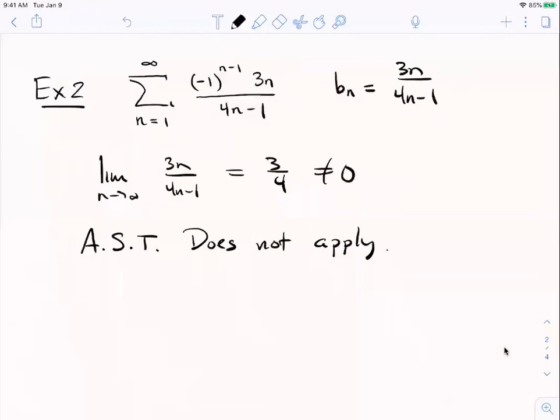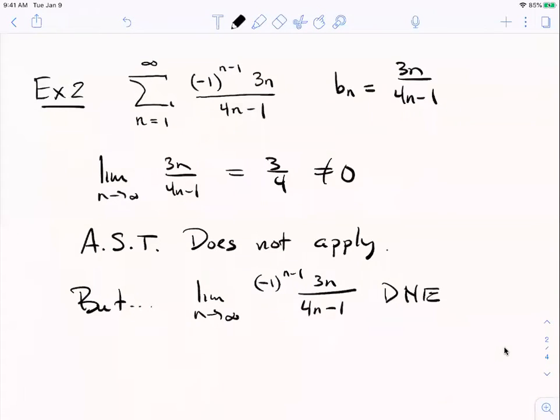But can you finish the sentence here? If the terms themselves without the signs are approaching 3/4, then with the signs, the limit is not going to exist. It's going to be trying to be 3/4 and minus 3/4.